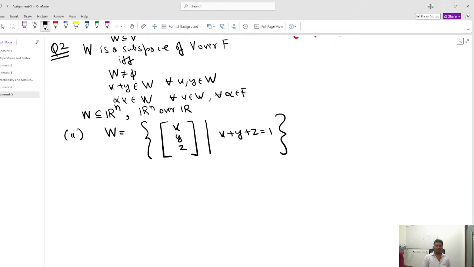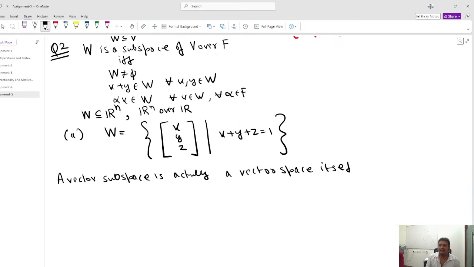Now, if you remember the definition of subspace, what is it? A vector subspace is actually a vector space itself, with the same operations as the ambient vector space. What do I mean by ambient?